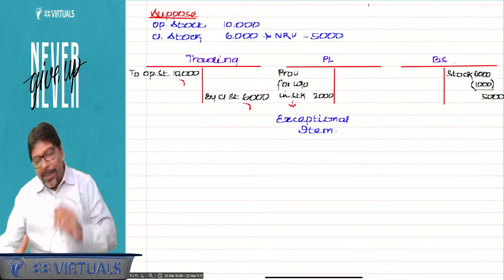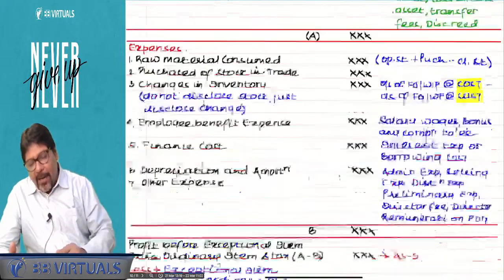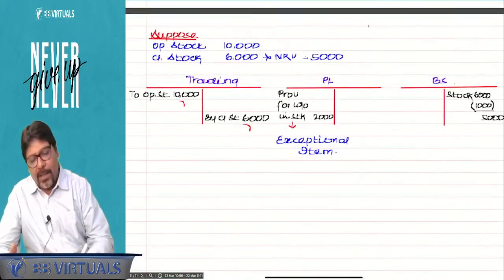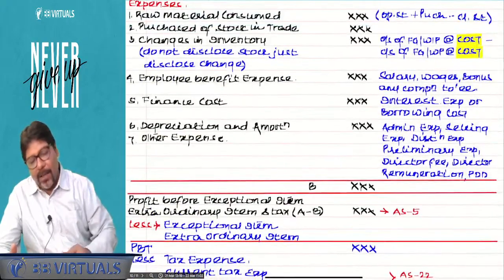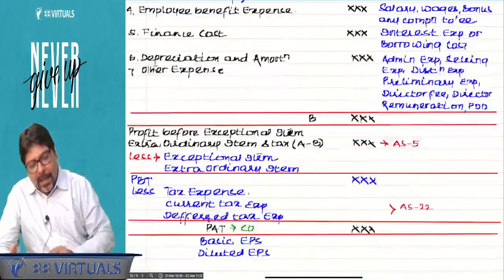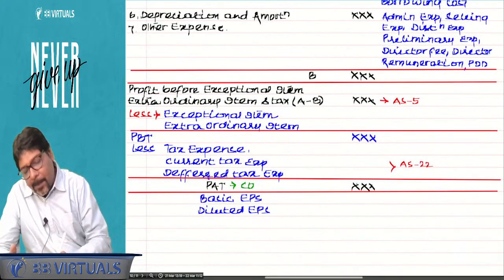Okay, sir. So now you understood. When I write over here, I will write opening stock minus closing stock: 10 minus 6, 4. And then under exceptional item I will write 1,000.